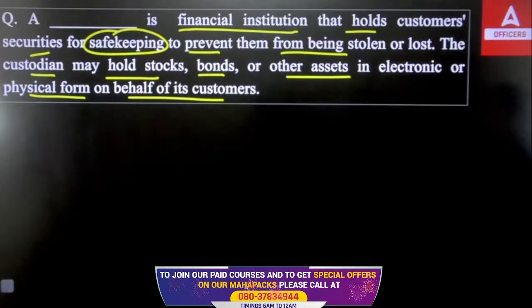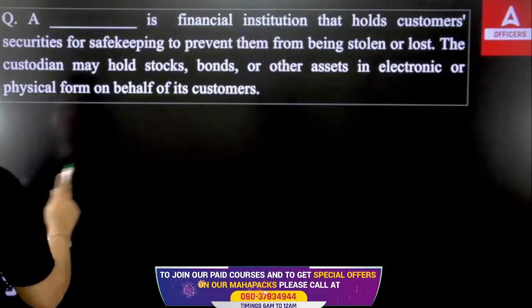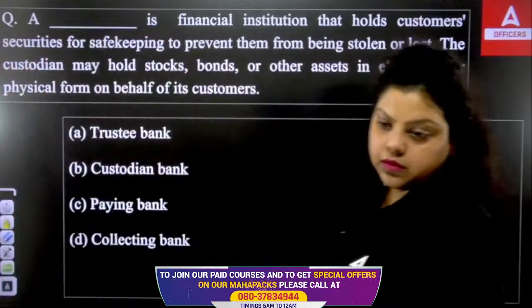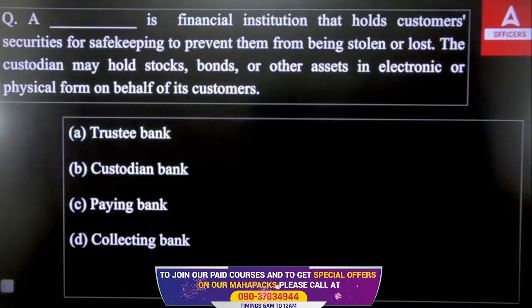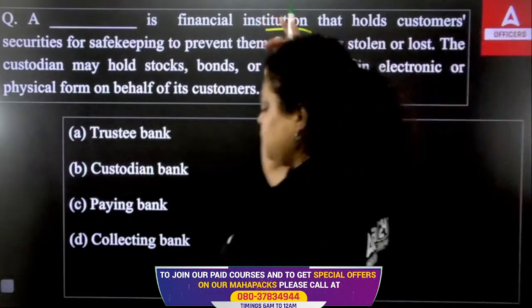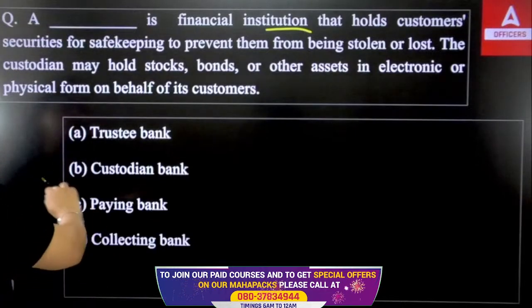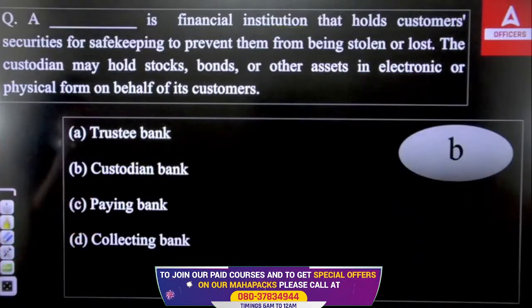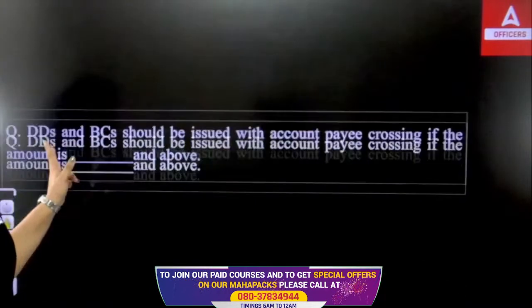Which of the following is correct? A dash is a trustee bank, a custodian bank, a paying bank, or a collecting bank. Which bank is the financial institution that performs these activities for the customer? The right answer is obvious: the custodian bank will hold the customer's securities for safekeeping, to prevent them from being stolen or lost. So the right answer will be custodian bank.